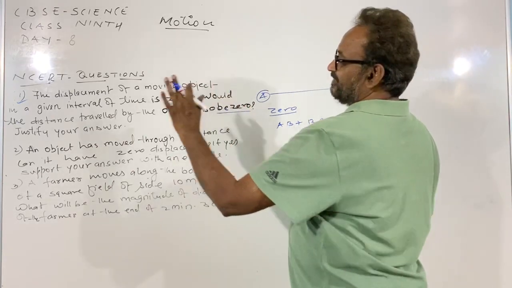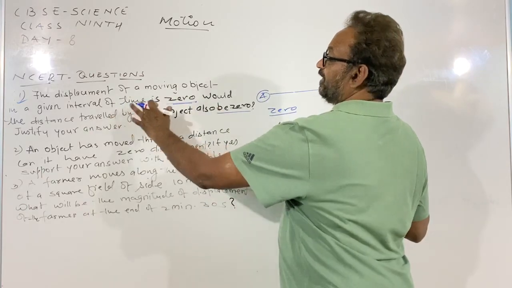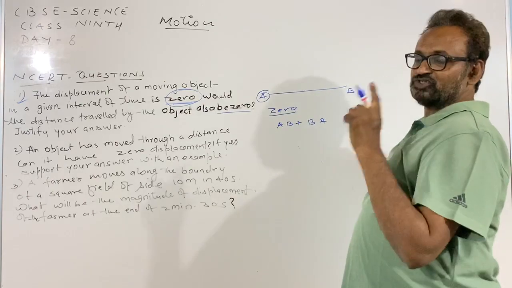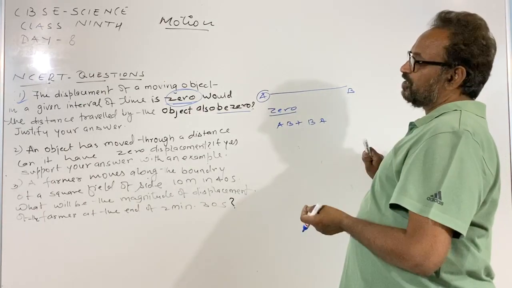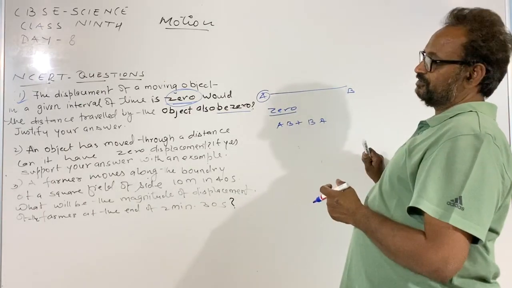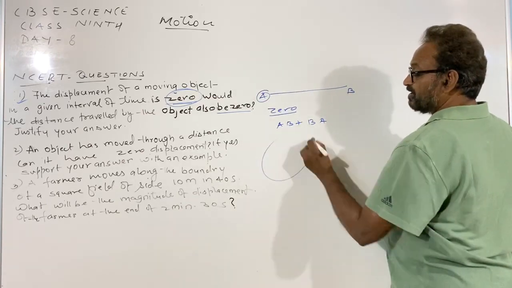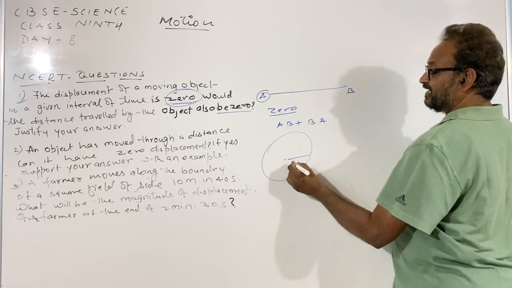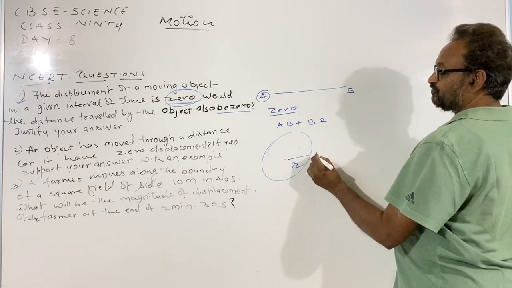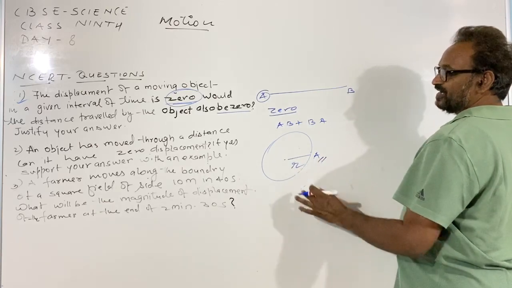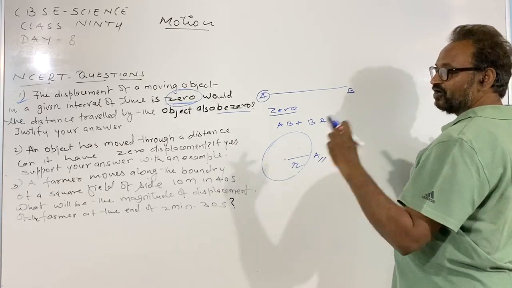So, when the displacement of a body is 0, it is not necessary that the distance travelled by the body also be 0. For example, take another example. If a body moves along a circular path of radius r and completes one round, then the displacement of the body will be 0, but the distance travelled by the body will not be 0.